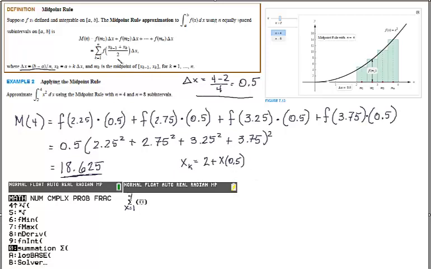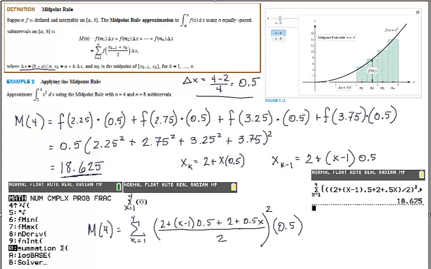So in my midpoint formula I need x of k minus 1 plus x of k. Well, I've got x of k, so x of k minus 1 would then just be 2 plus x minus 1 times that 0.5. So that's what I need to plug in, so I'm going to write it out to the side here.